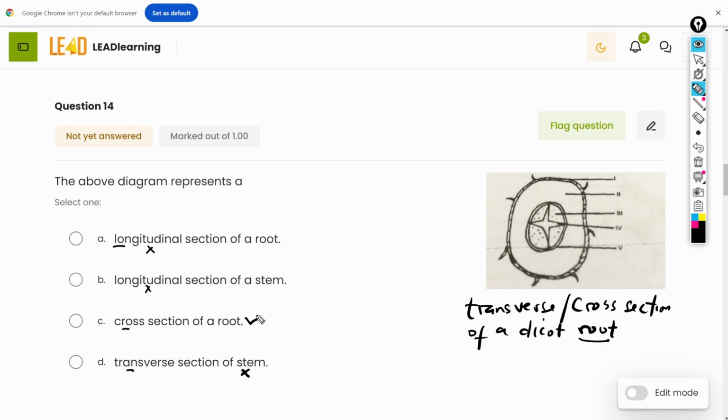So our correct answer is the option C. And how do we know that it's a cross section of a root? The question does not even ask whether it's that of a dicot or a monocot. It's because of the arrangement of the vascular bundles here, with a star-shaped pit.